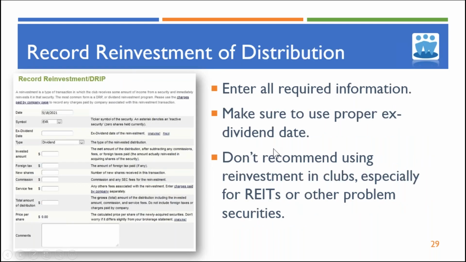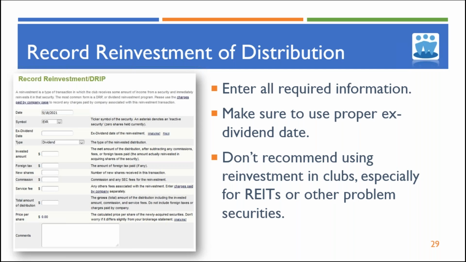Now, likewise, the reinvestment of a distribution screen, if you're using dividend reinvestment either through a dividend reinvestment plan or a synthetic dividend reinvestment plan at a broker, this is where instead of receiving dividends as cash, you receive a dividend, and then immediately that cash is used to purchase additional fractional shares of the underlying stock that paid the dividend.